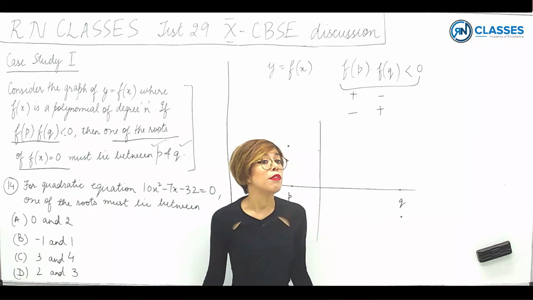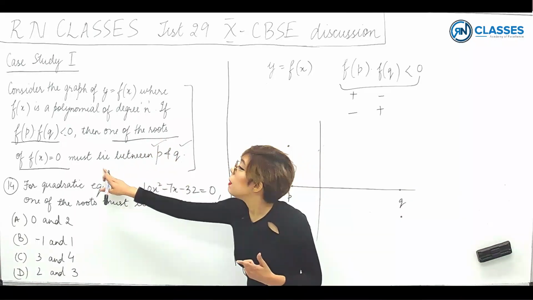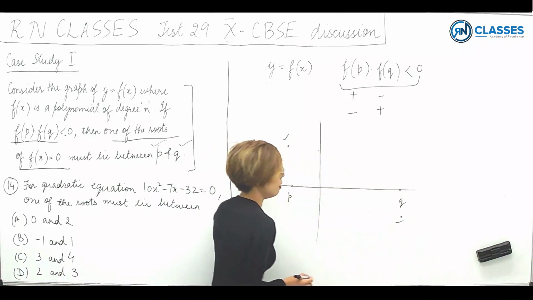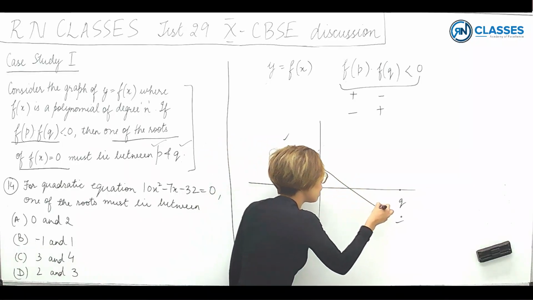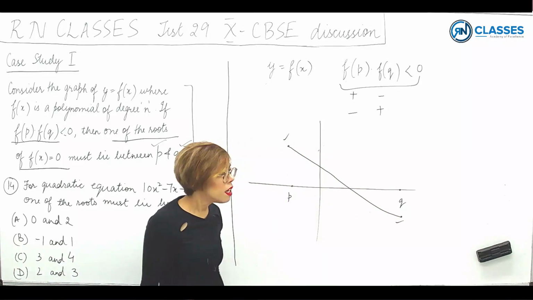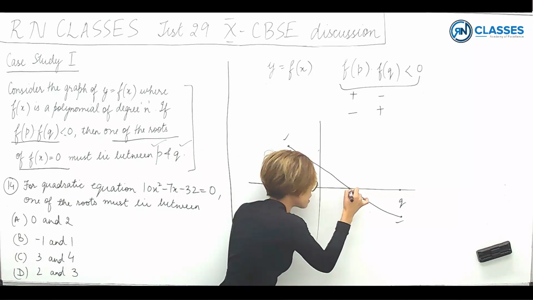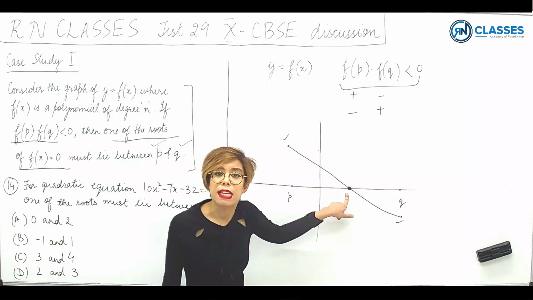Now I need to have a polynomial, the graph of the polynomial. He says one of the roots must lie between p and q. ये दो points हैं, graph of the polynomial बनाने के लिए obviously it will be something like this, right? He says one of the roots. Now if you look carefully, this point is lying on the x-axis.